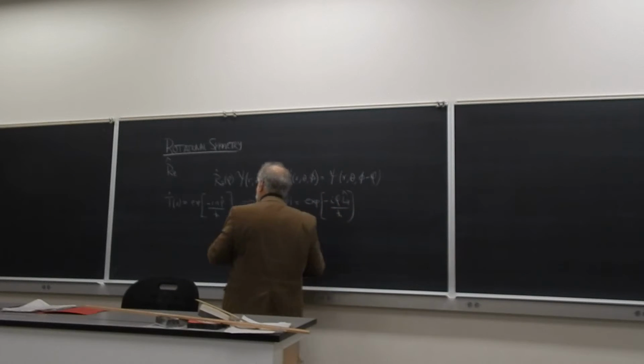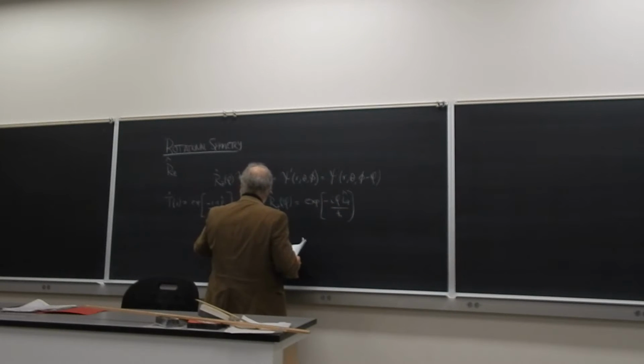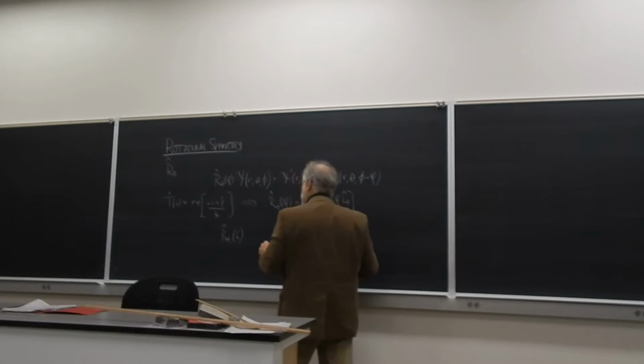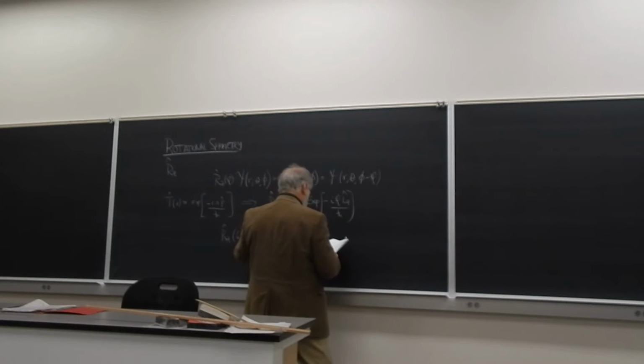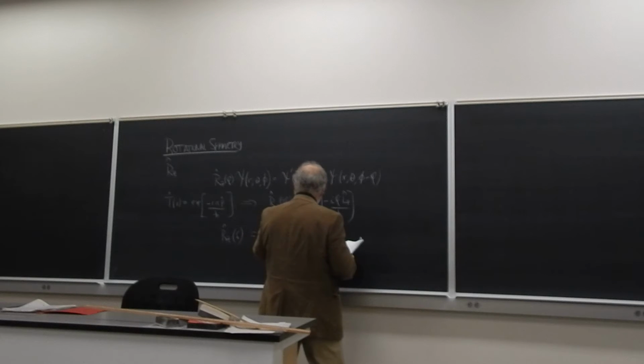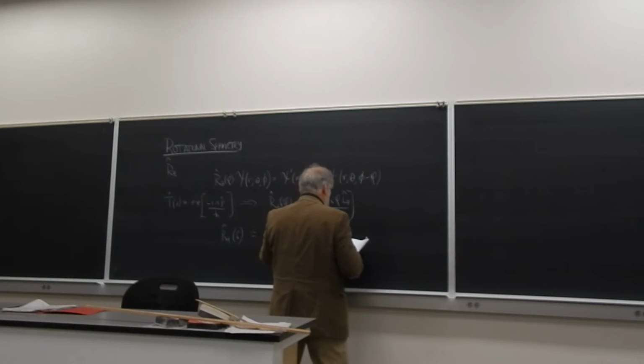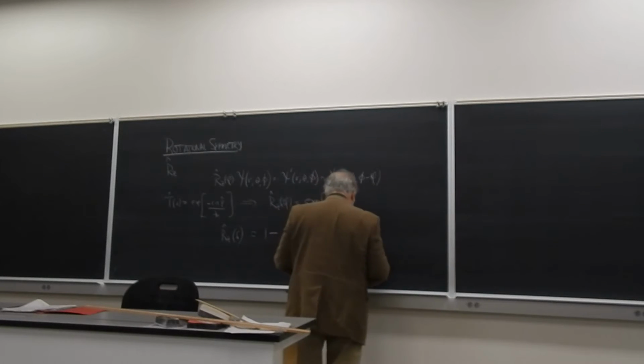So the question is, how do r and p transform under rotations? Let's use R_z as a function of delta, a very small angle, and we'll write that as 1 minus i delta L sub z divided by h bar.